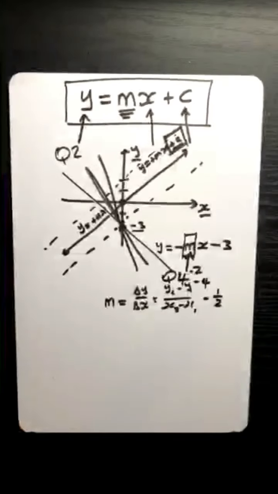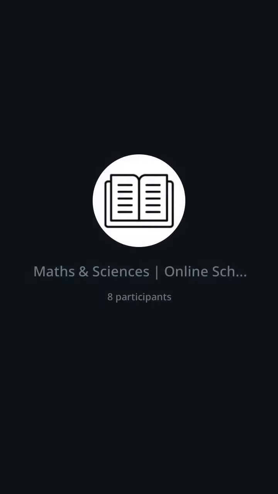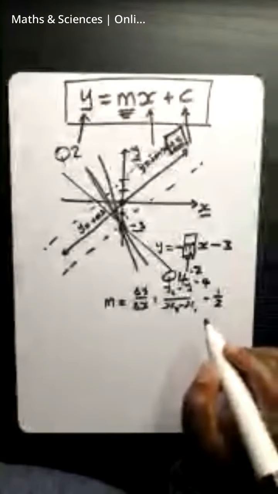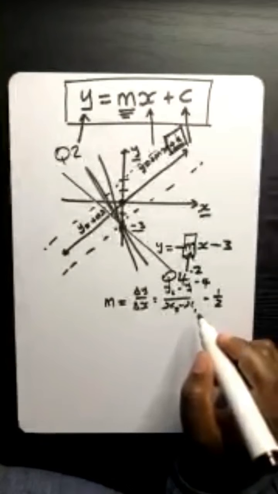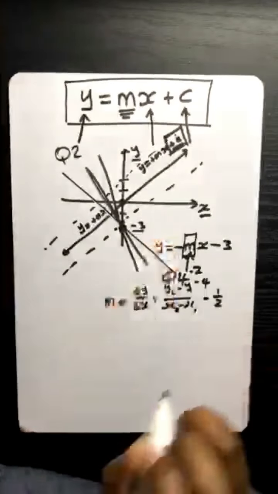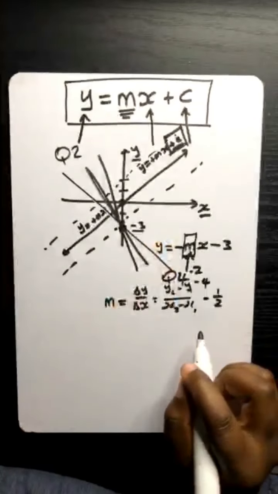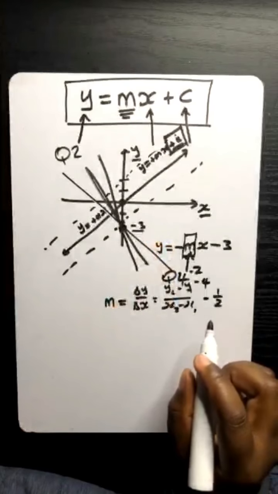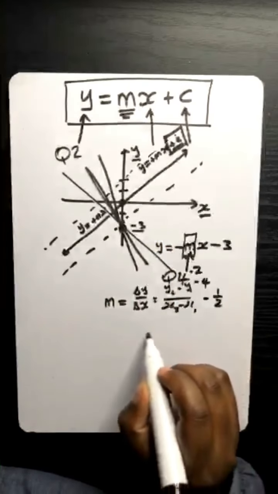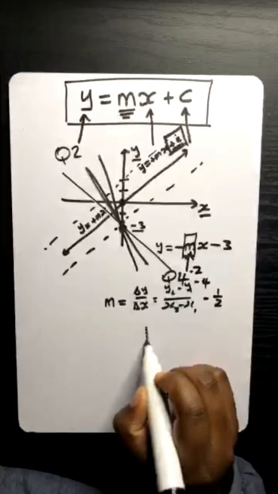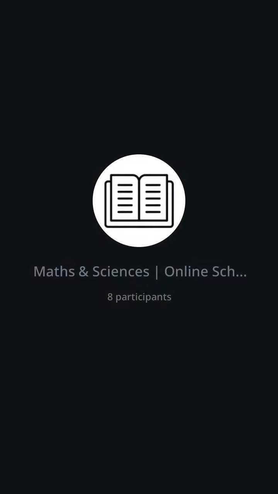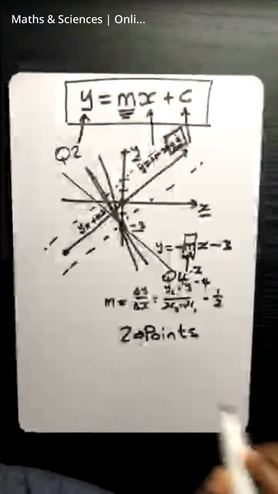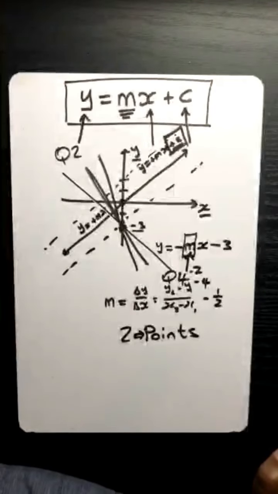So for you to determine the equation of a straight line, normally what you need is points. How many points do you need? You need 2 points.